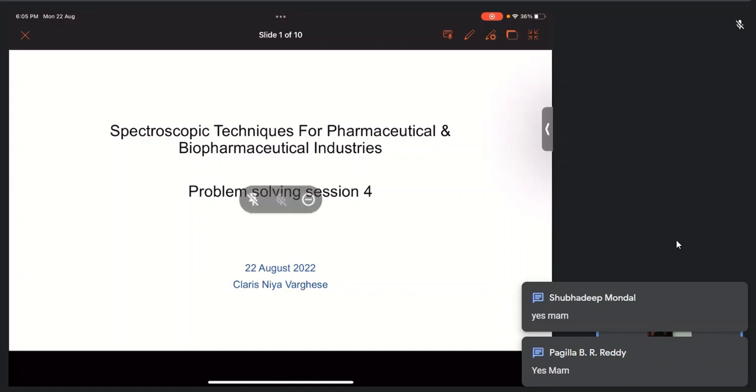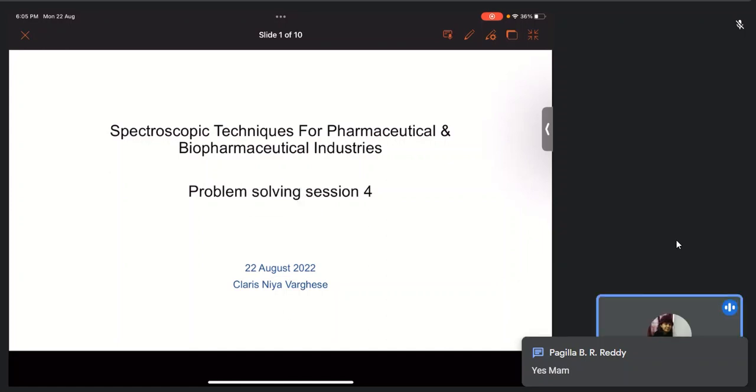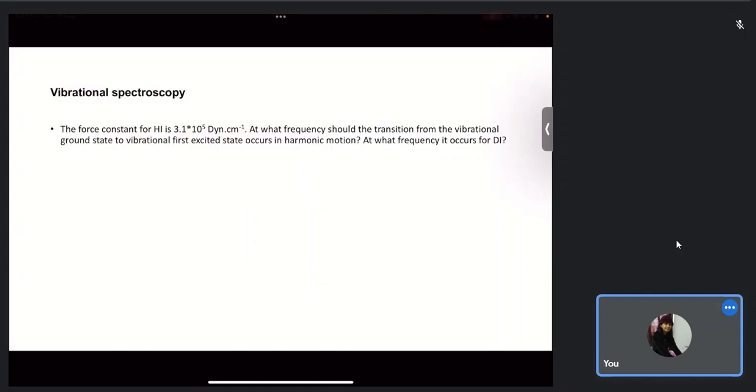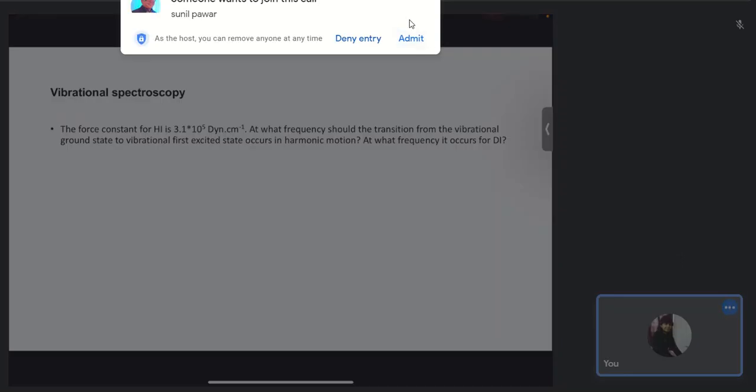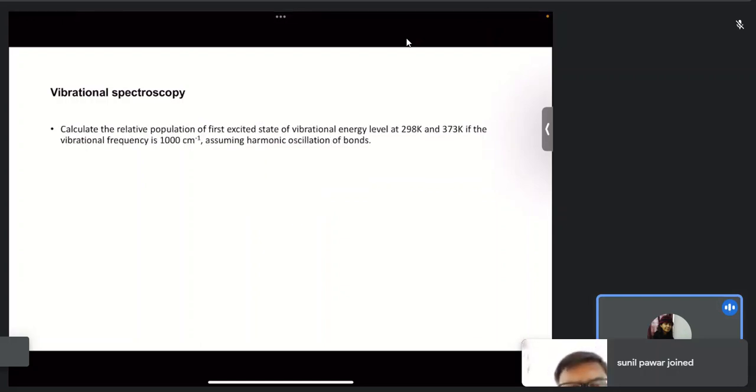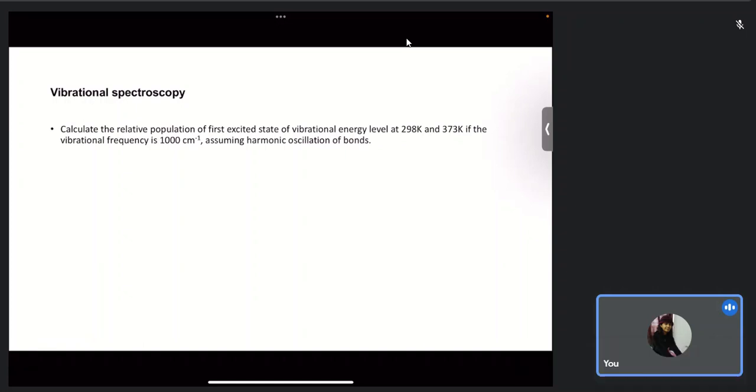Okay, so we are starting with our first question for this particular week. This time we have been introduced to vibrational spectroscopy and Raman spectroscopy, so we are dealing with a couple of questions pertinent to vibrational spectroscopy.